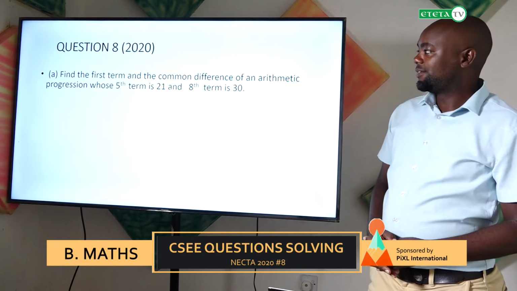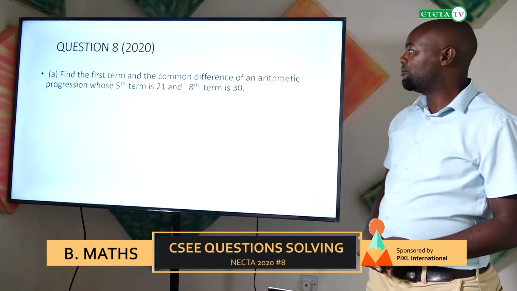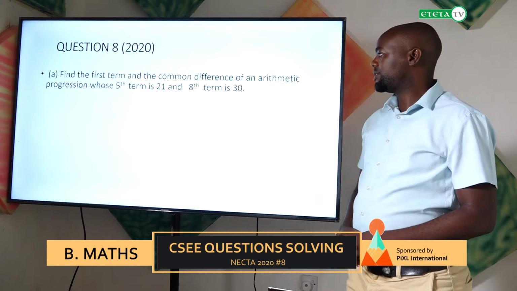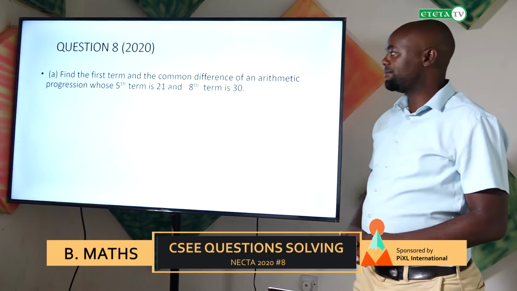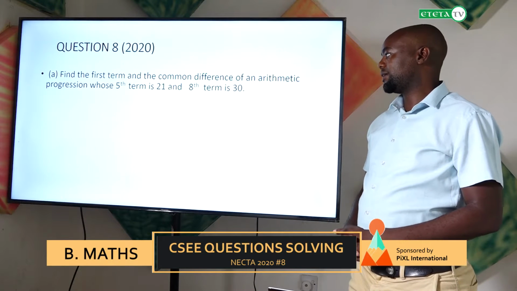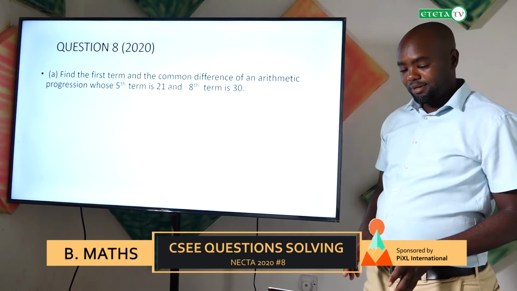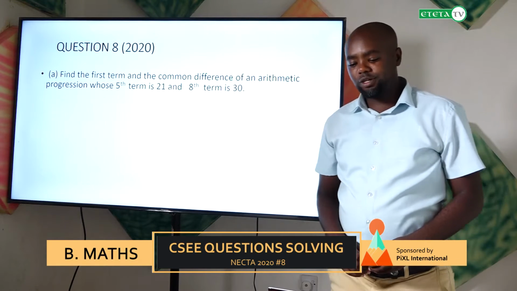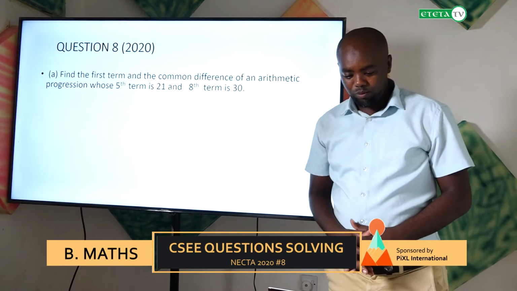The question said, find the first term and the common difference of an arithmetic progression whose fifth term is 21 and the eighth term is 30.